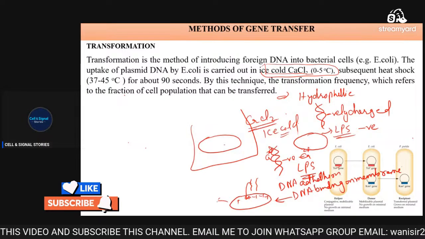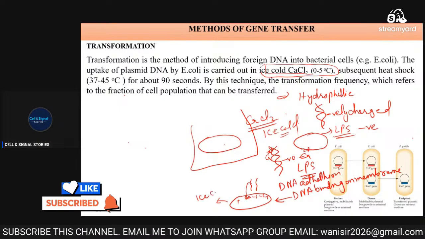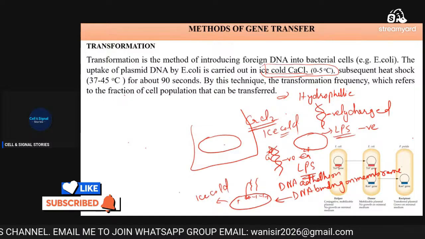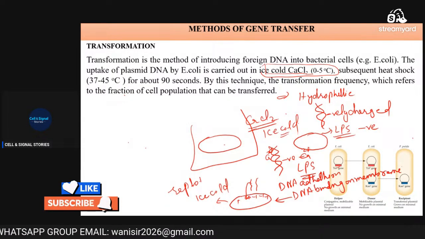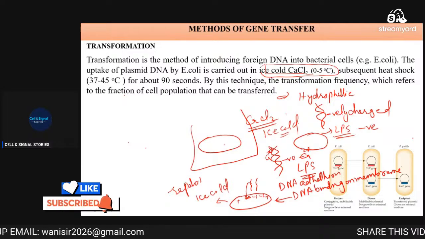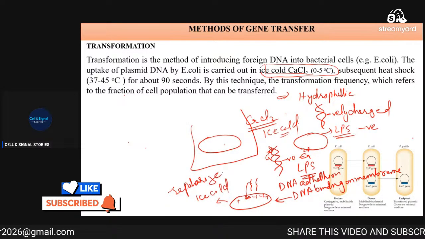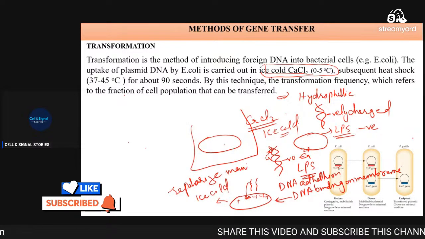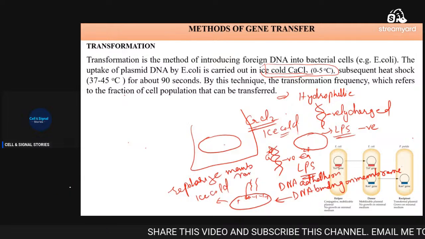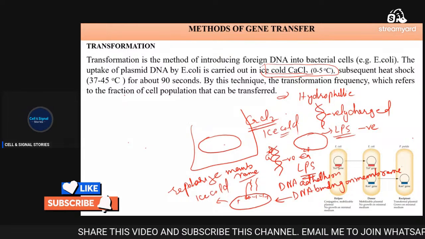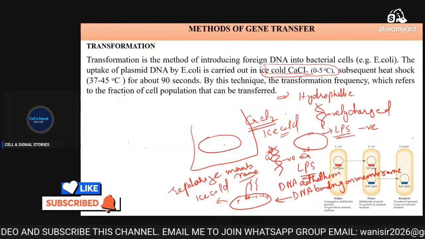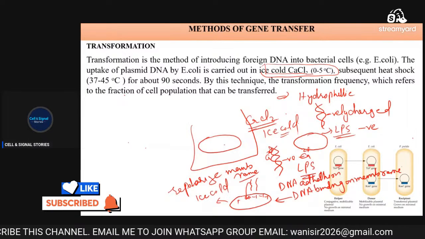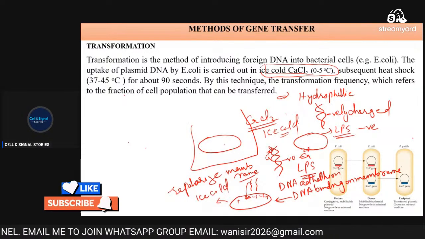And then we will again give the ice-cold shock. That means we will repolarize the membrane. So it is very important. So you have understood the purpose of using this calcium chloride.